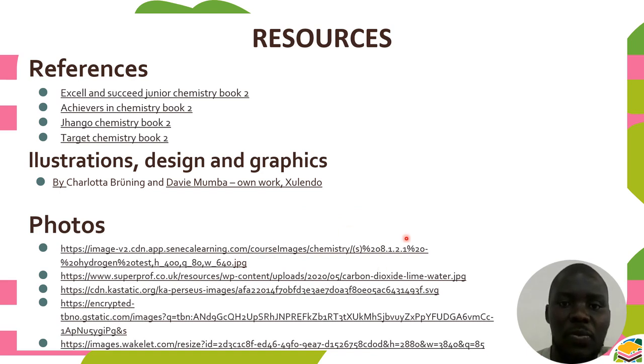And we have looked at examples of those organic acids, inorganic acids, organic bases, inorganic bases. And we have looked also at the properties, both physical as well as chemical properties. So this is the end of the presentation.